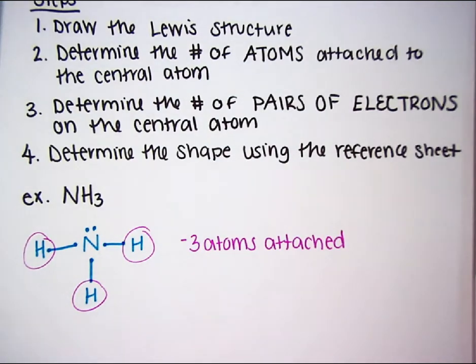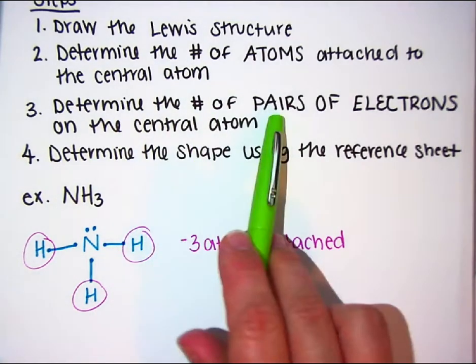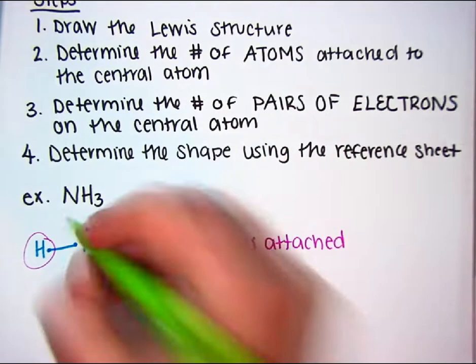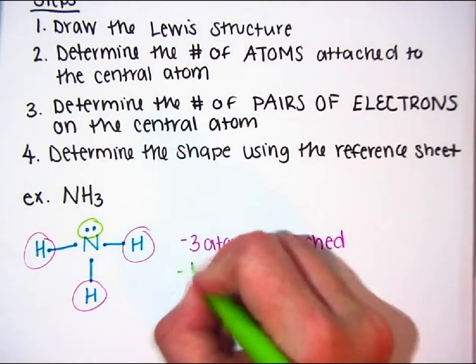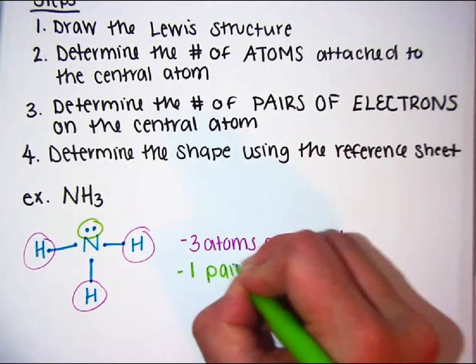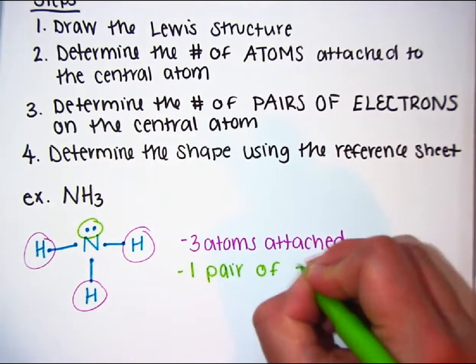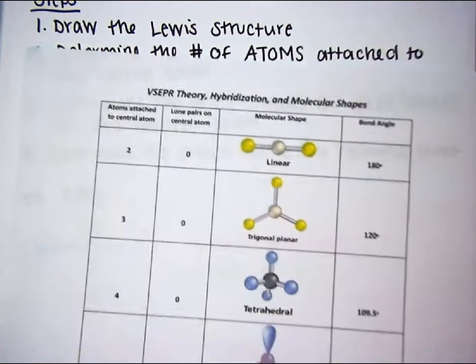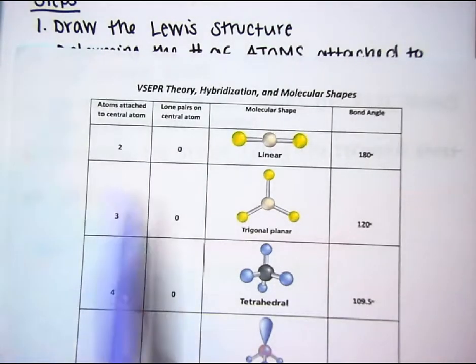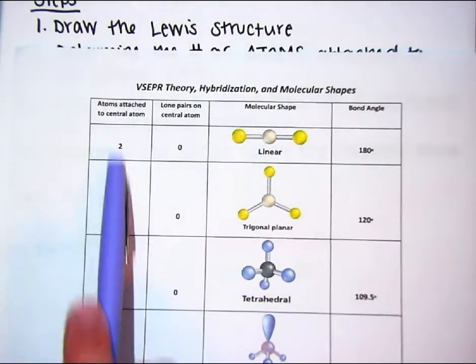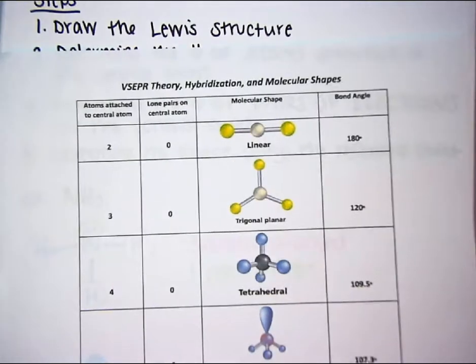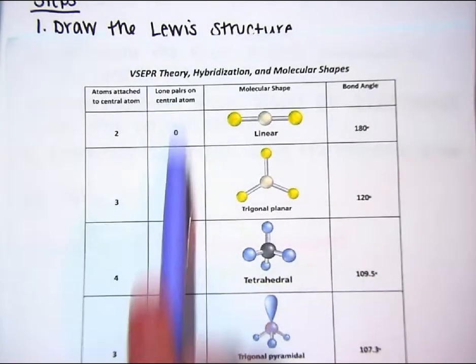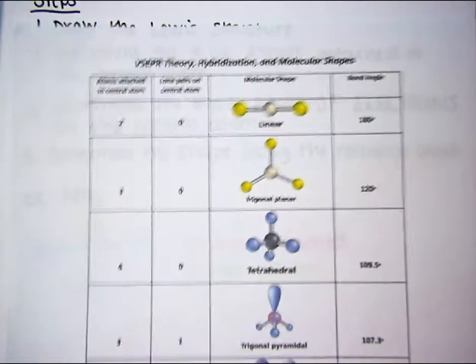Next step, determine the number of pairs of electrons. We have 1 pair. Now, lastly, we can determine the shape using the reference sheet. So here is my reference sheet. In the first column, it tells me how many atoms are attached to the central atom. And then the next column tells me how many pairs there are.